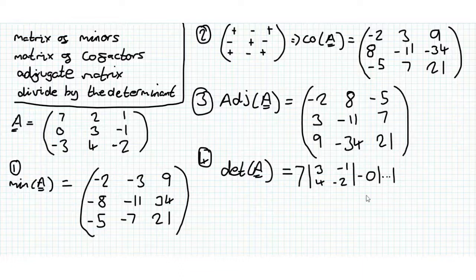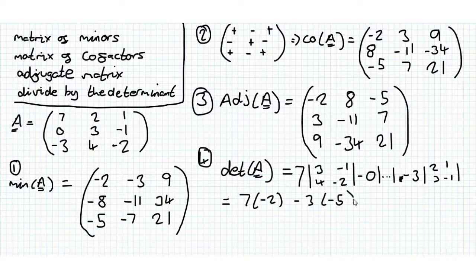Alright, and then we're doing plus minus 3, and this one is 2, 1, 3, minus 1, and we've worked out these from earlier, so we can just look at where they are. So it's minus 2 and 5, so we're doing 7 times minus 2 minus 3 times minus 5, and that's equal to 1. So the determinant of our matrix is 1.